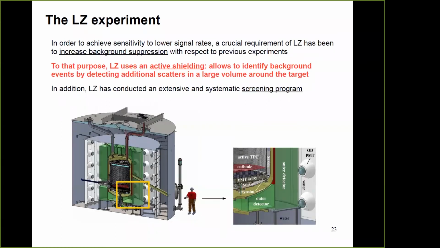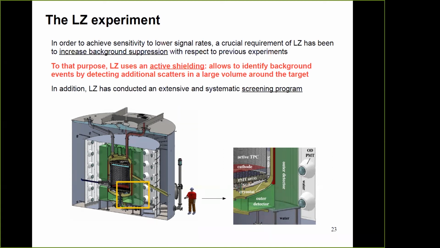One important component of the experiment is the shielding, and the reason for that is because, as I mentioned before, we want to observe events or signals that occur at a smaller rate than before. So we need to achieve better background rejection, background suppression, than the previous experiments.